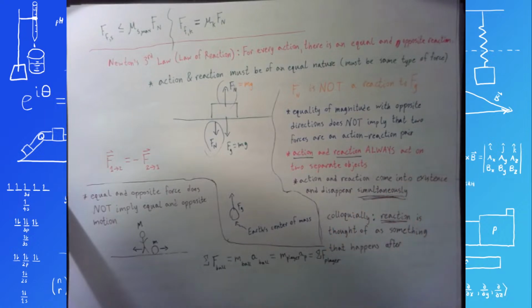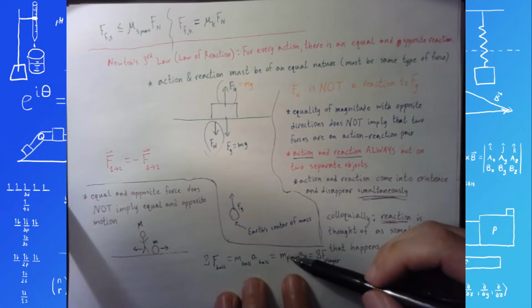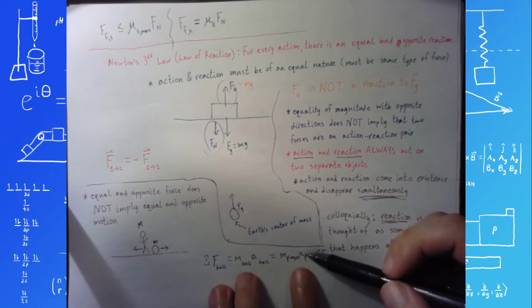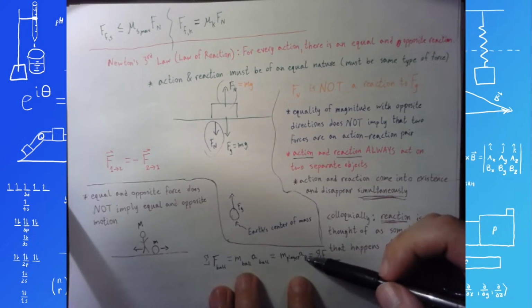I'll just write P for short. Since the mass of the player is larger, for the same amount of force, their acceleration better be smaller.